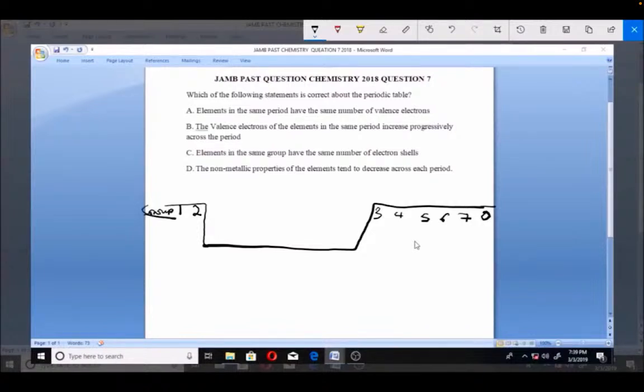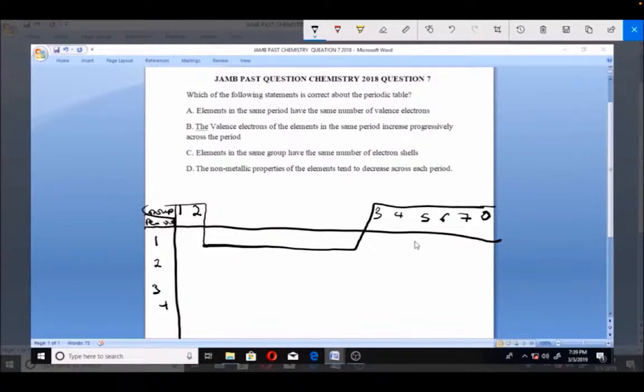Now we have what we call the period. And you actually have periods 1, 2, 3, 4, 5, 6, 7. So you have 8 groups and 7 periods. So that is what we have as the periodic table.